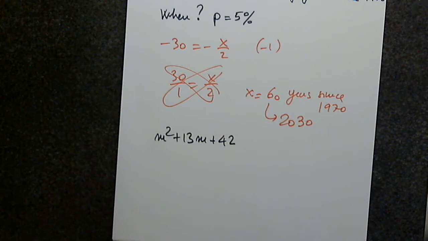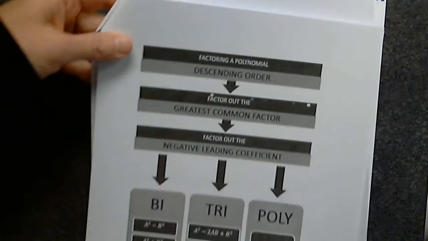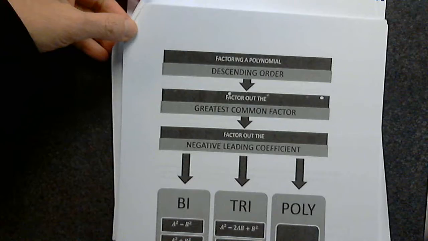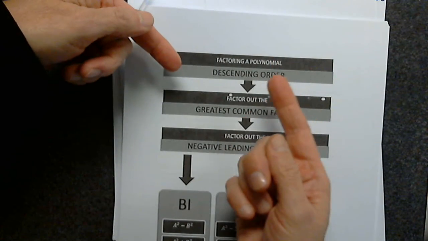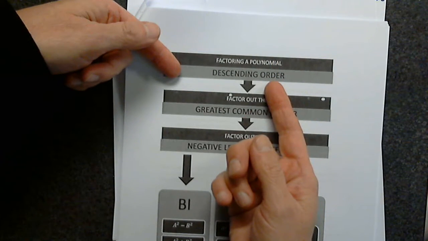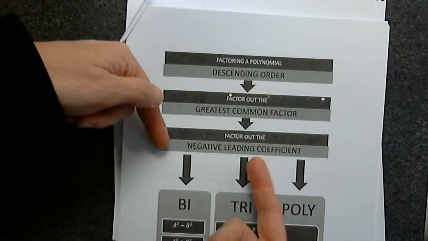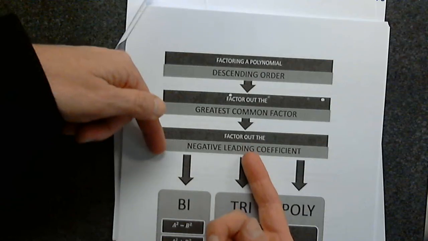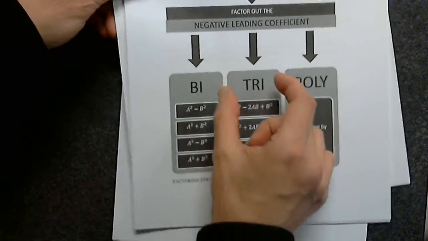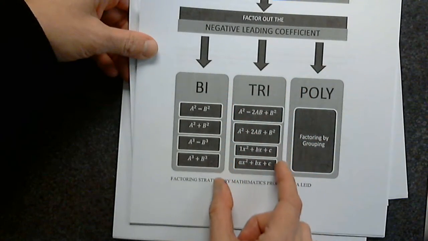So remember, this is the strategy. I have to ask myself, what is it? Then I have to arrange it in descending order if it's not in descending order. Then I have to pull out the greatest common factor and the negative leading coefficient if they exist. And then I'm right here in the middle with the strategy, because it's a trinomial, correct?